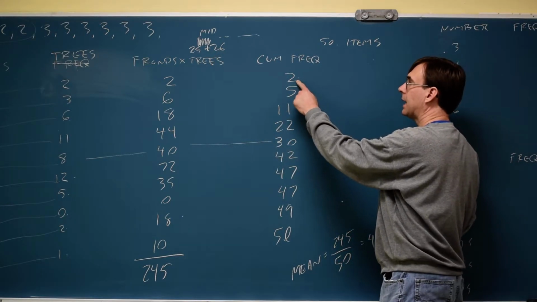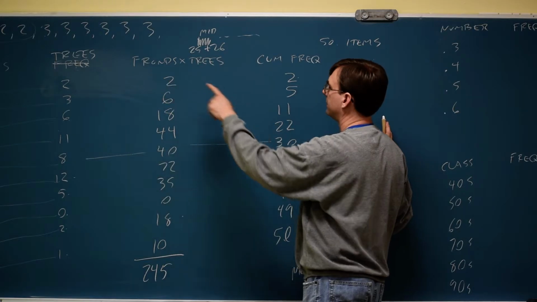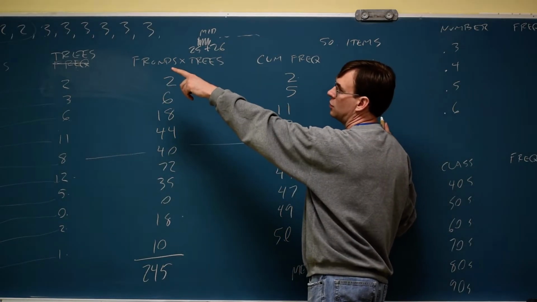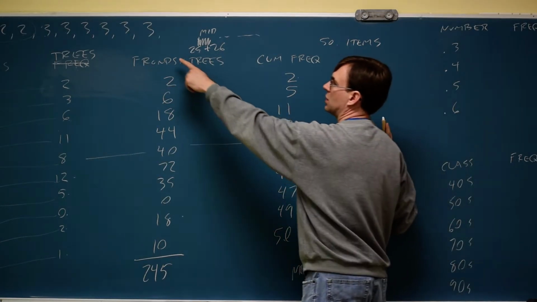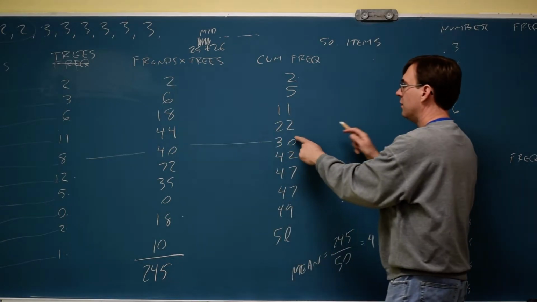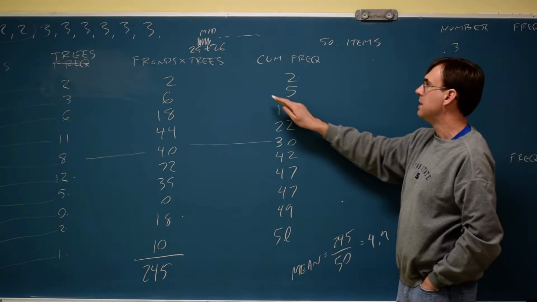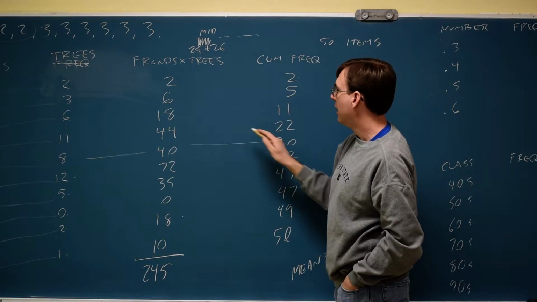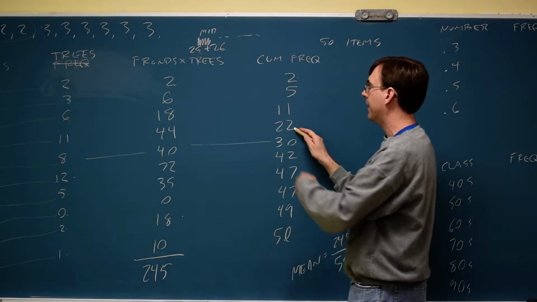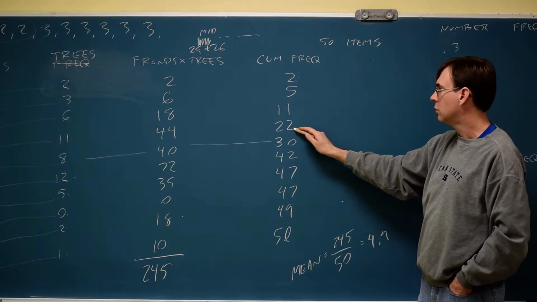When we get to the 2nd position, that was the end of the 1s. The 5th position was the end of the 2s. The 11th position is the end of the 3s. The 22nd position would be getting close to where we are. That's where the 4s would end, after you've encountered 22 trees.